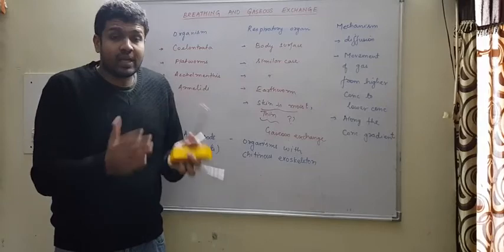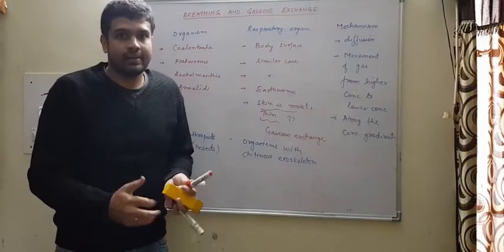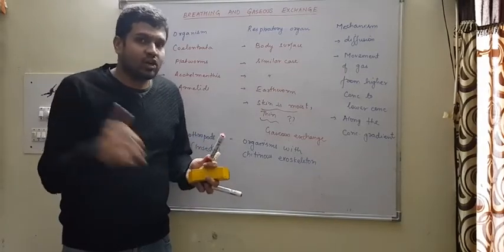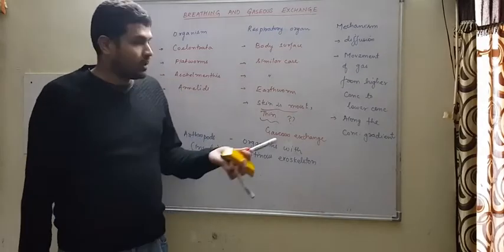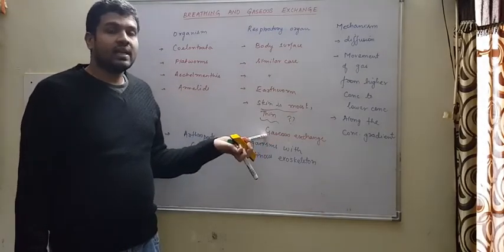So the body is covered and hard. Gaseous exchange cannot take place directly through the body surface as we have seen till annelids.